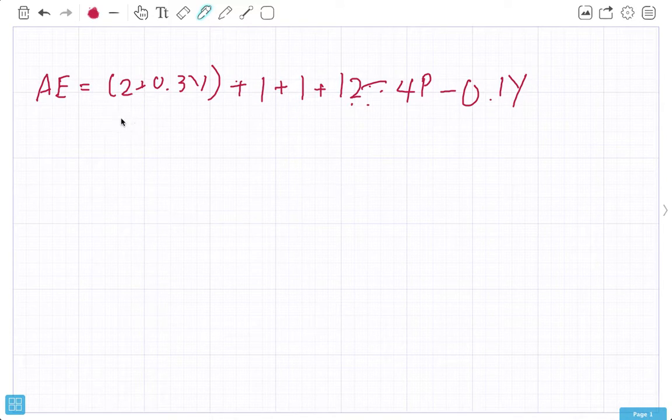And if you simplify this, you'll have AE0 equals 16 plus 0.2y minus 4p.